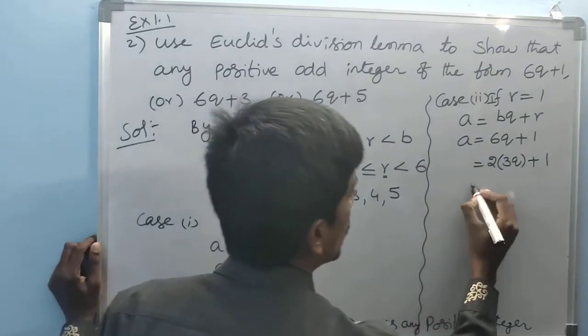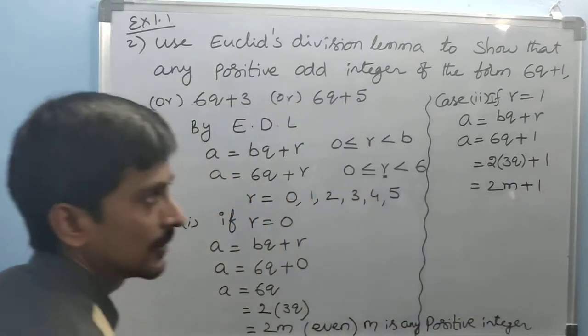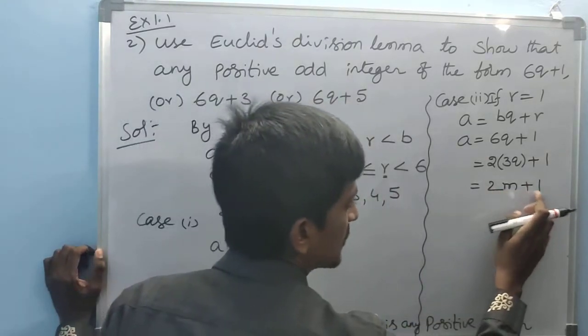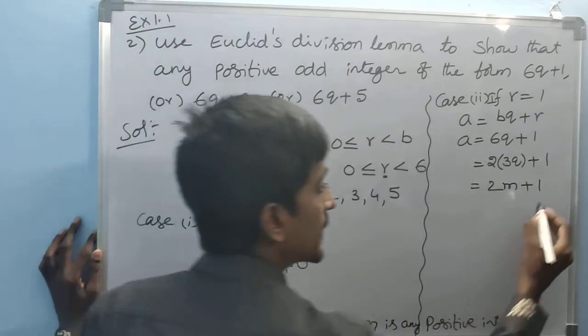Next, 2 into 2m plus 1. So 2m plus 1 is the general form of odd integers.